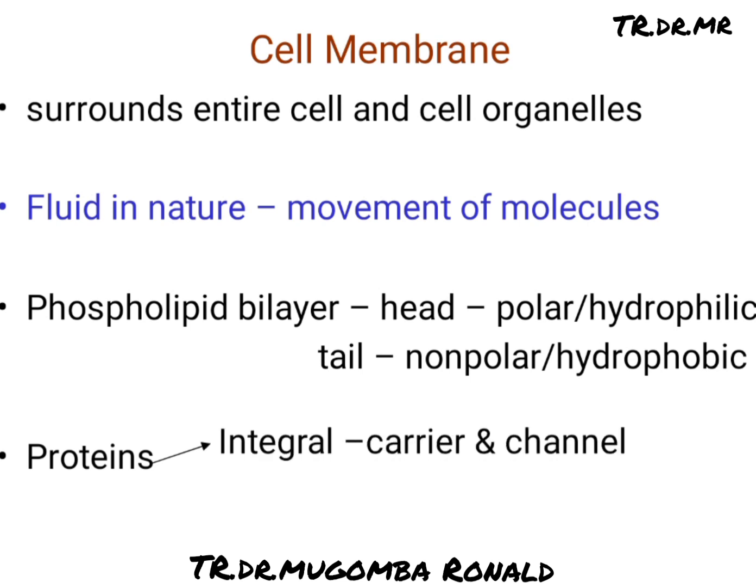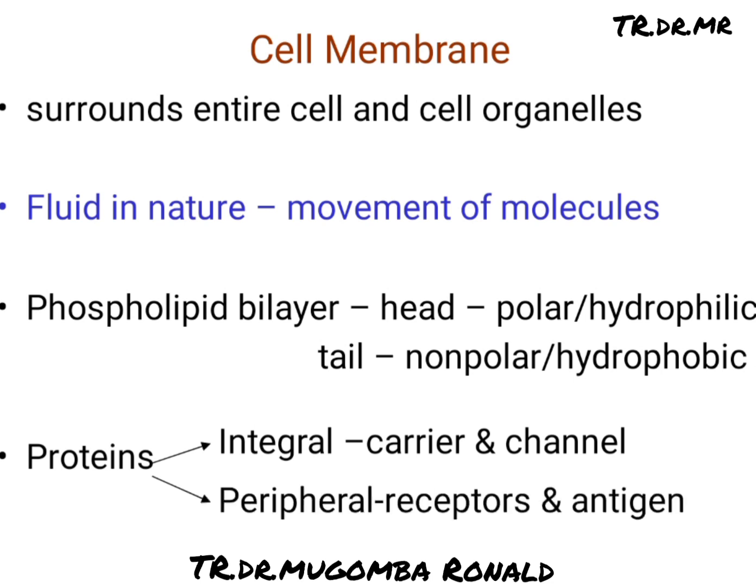We have those which are intrinsic or integral proteins, which act as carriers and channel proteins. We have those which are known as peripheral or receptor proteins, which can act as antigens, as receptors, or as carriers.